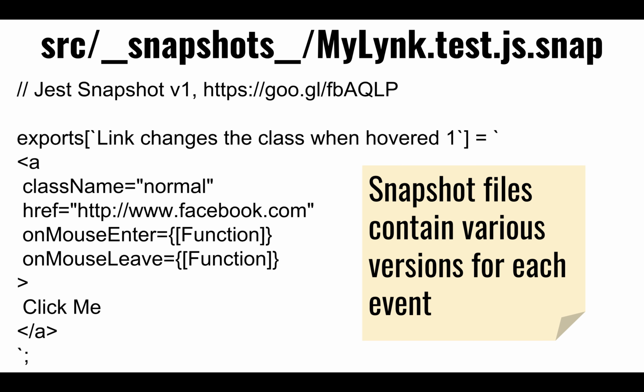And internally, it's going to have the different versions of your DOM, as it changes from one rendering to another based on different inputs. Make sense? At first, this file doesn't exist. It's not there, because the test has never been run.